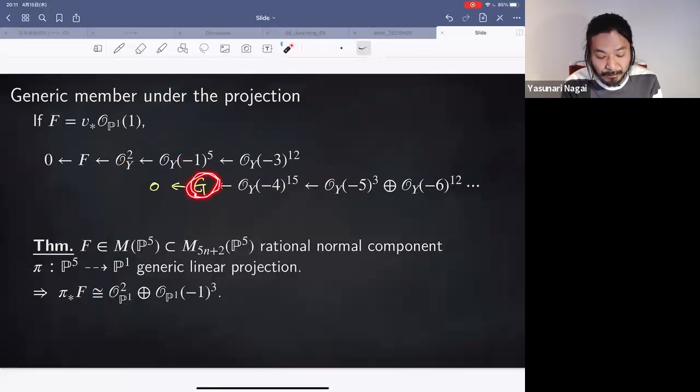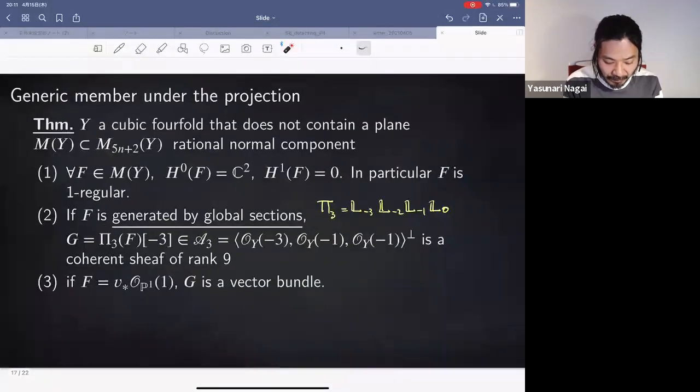So this has depth 4. That means G is already a locally free sheaf. And if you degenerate the sheaf a little bit, then of course the type of projective resolution changes. But as long as the sheaf F is globally generated, the projected object is shift -3 of a coherent sheaf of rank 9.